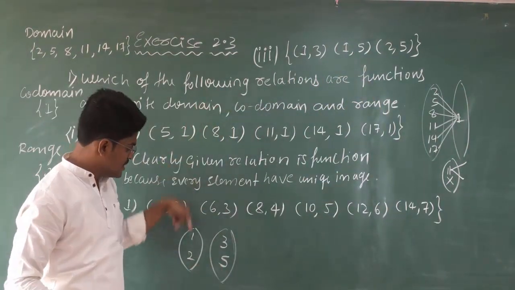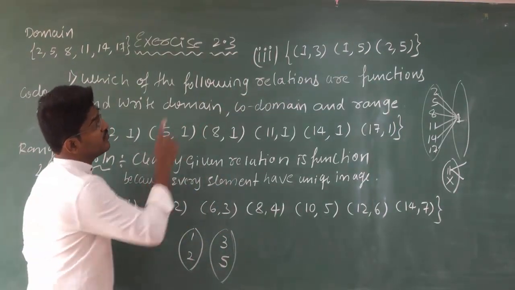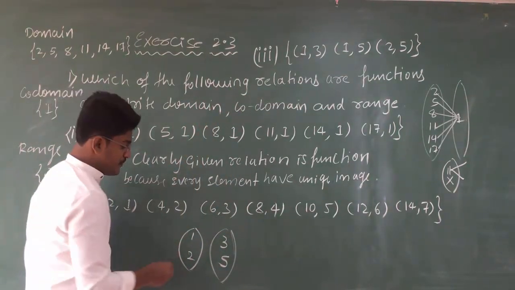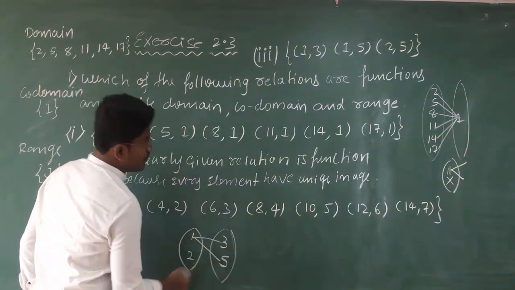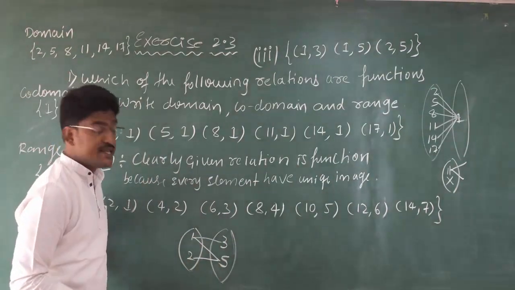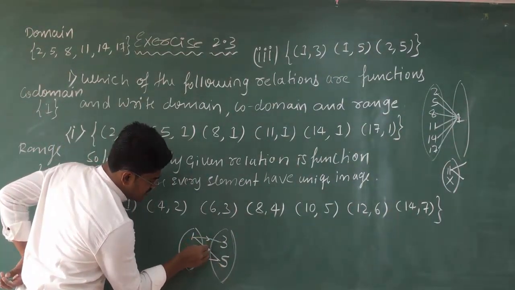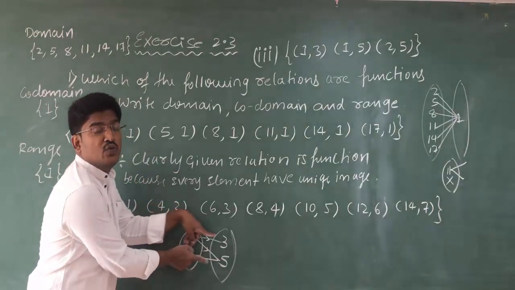First elements in the domain. Second elements in the codomain. Clear? Okay. First thing. 1 maps to 3. 1 maps to 5. 2 maps to 5. Okay. See students, here 1 is having 2 arrows. That means it's not a unique image.